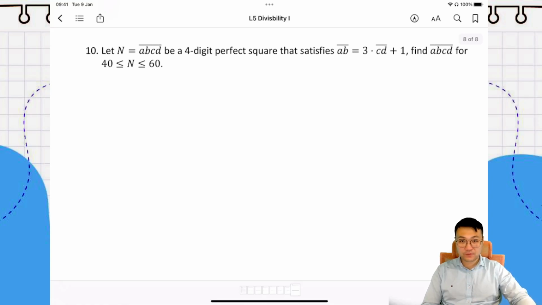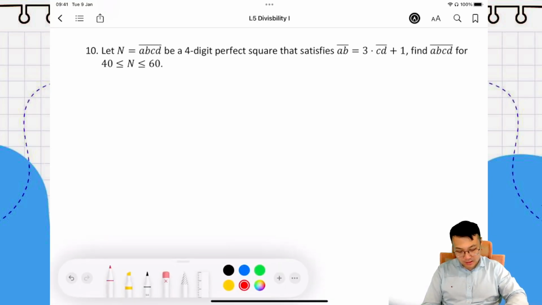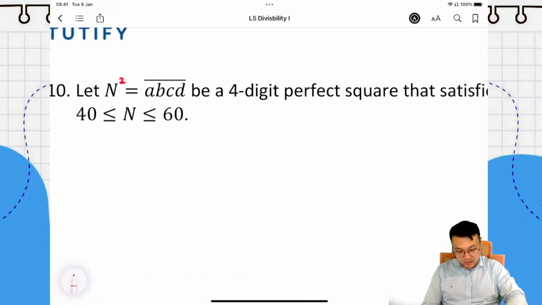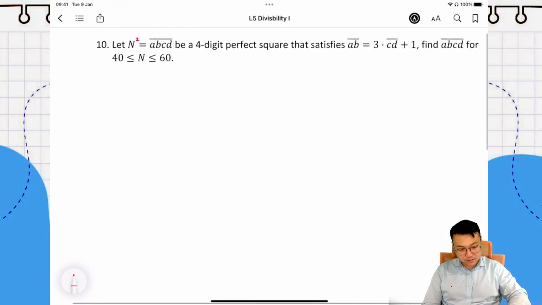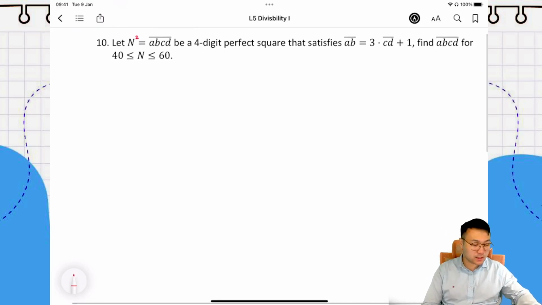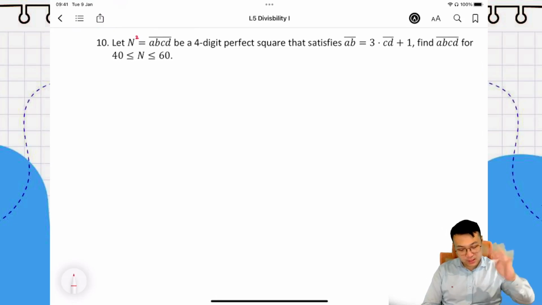So here we have a perfect square. I'm sorry, everyone. Please change this to n squared. So n times n, which is n squared, will give you a 4-digit number ABCD.